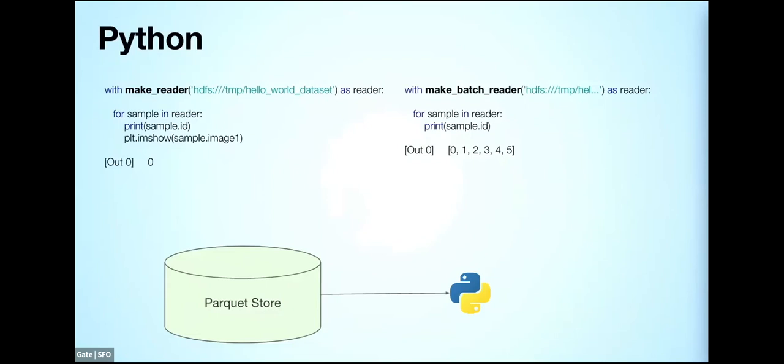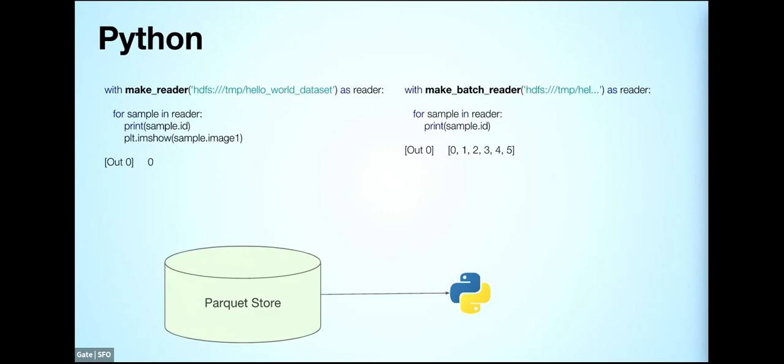And now we're going to show a couple of code examples. How do we access the data from TensorFlow and from PyTorch and show some features. You can see that the interface is very, very high level. You can point this function make reader to the URL of your data set. And from there on, by the way, this is a pure Python example.